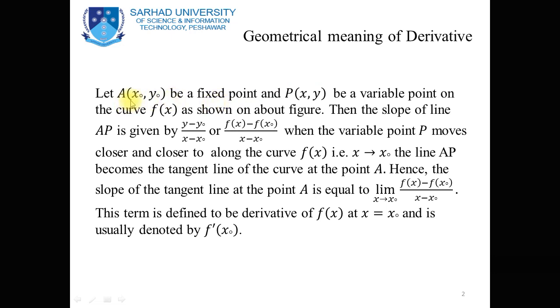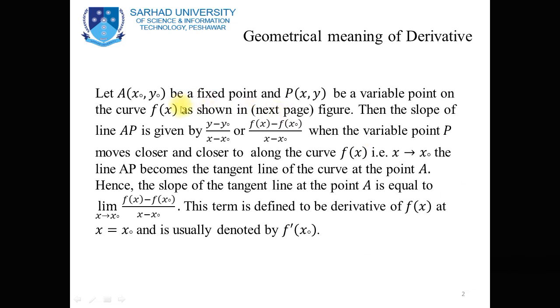Let A be a fixed point and P be another, variable point on the curve of the function f of x, as shown in the figure on the next page.